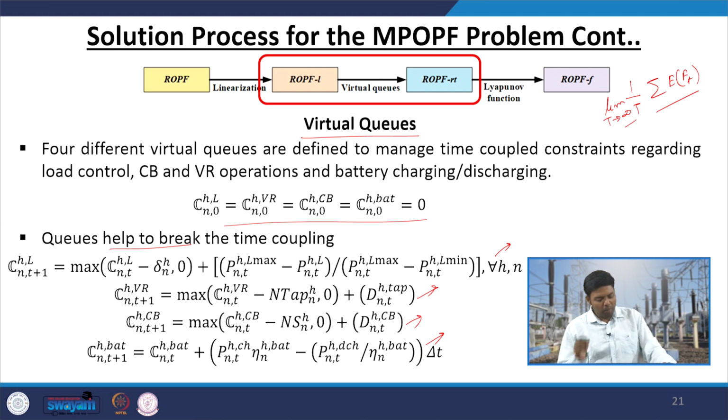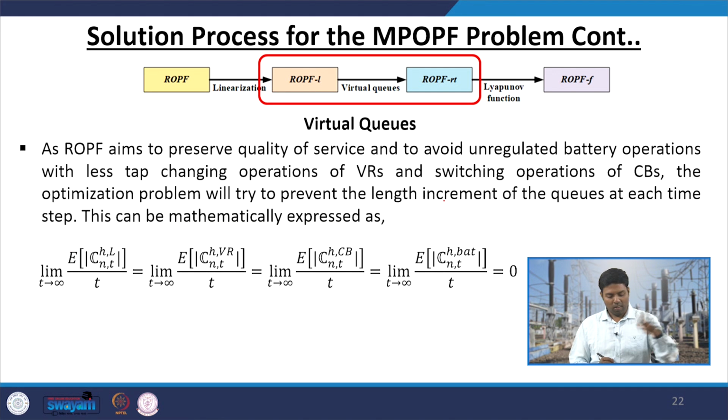So, every battery operation or each voltage tap changing operation, the length of this queue will increase, and with every increment, that will denote that you are doing that battery or the voltage regulator operation. That is a notation, or you can say an alarm to the network operator. It starts with the 0 value.